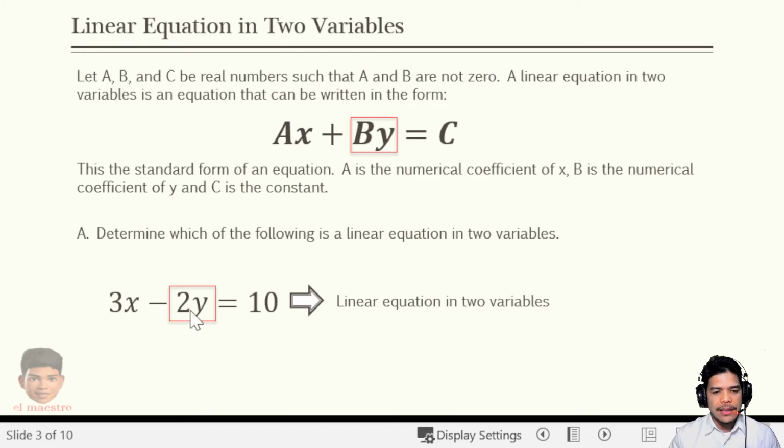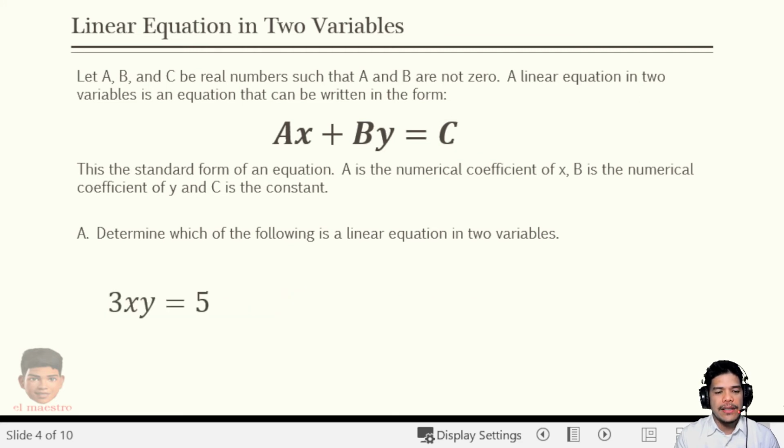Regardless, tingnan muna natin yung mga terms na meron siya. Meron siyang x na term, meron siyang y na term. Yun yung importante kasi two variables, di ba? So, dapat meron siyang x term and y term. And also, we have constant term, which is 10. So, that is why 3x minus 2y is equal to 10 is a linear equation in two variables.